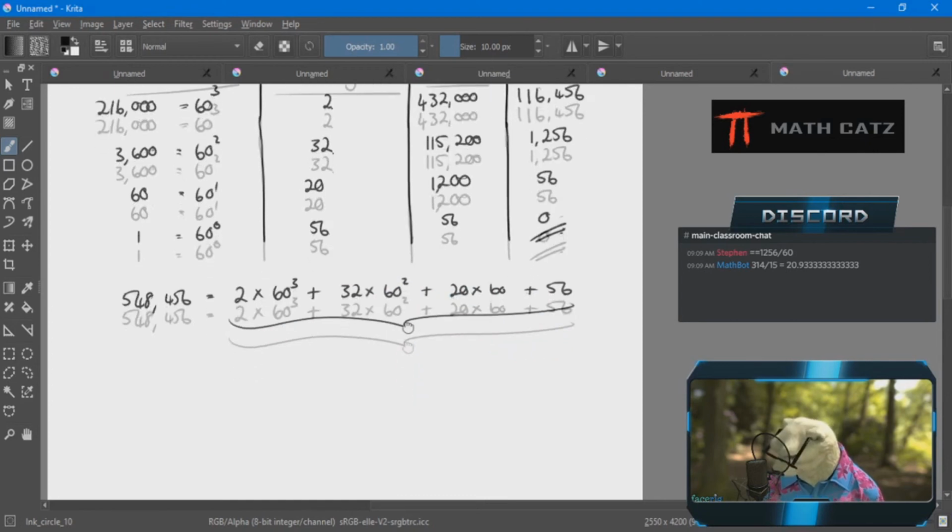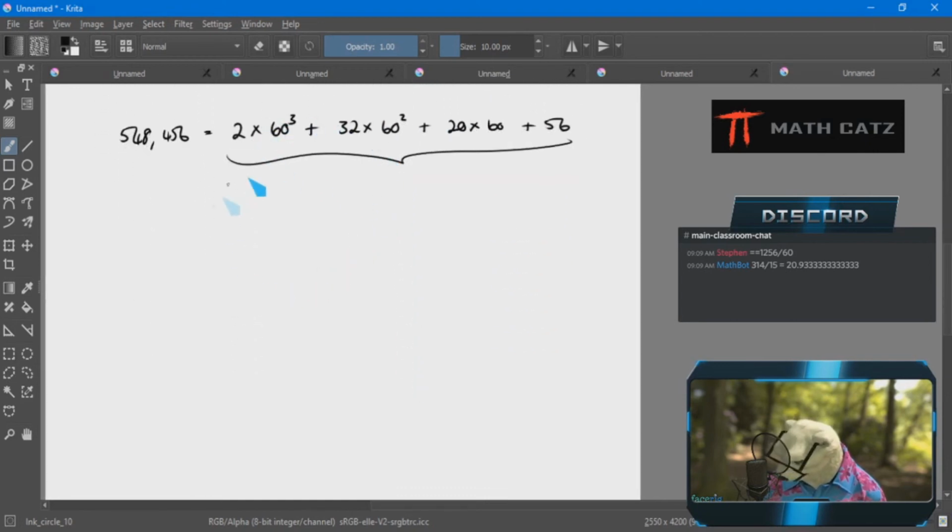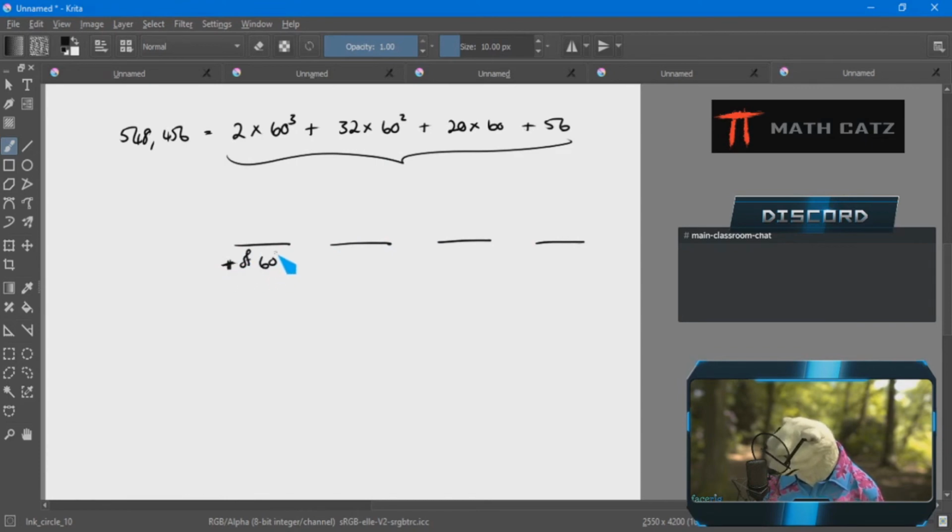That means, and I'm writing a lot, so it helps me, and there's no confusion, I have my places, but this is an optional step for sure. Number of 60 cubed, oops, number of 60 squared, number of 60, especially in the beginning, when I'm trying to get on top of what the Babylonian system is telling me and how it works. It's nice to have this extra step.